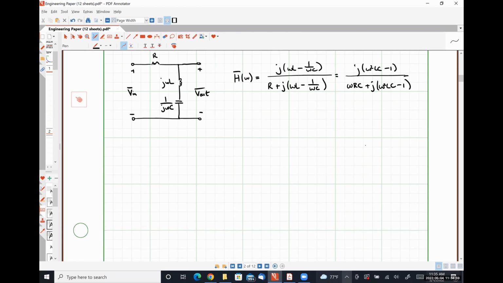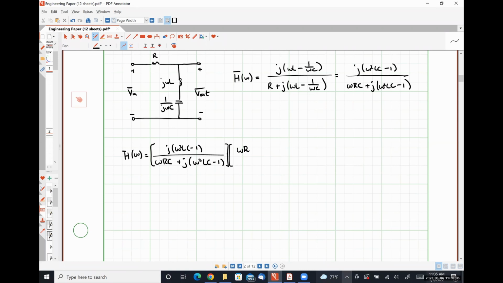All right, so let's write this down. We're going to multiply this by the complex conjugate of the denominator over the complex conjugate of the denominator.